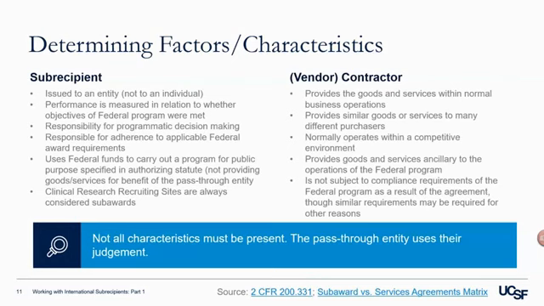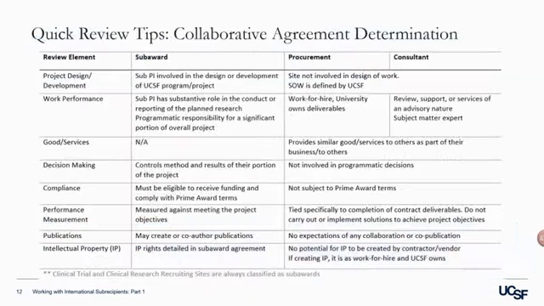So on the next slide, what we put together for you is a quick review. It's like quick review tips. So what we've done was take the review elements and then give you specific points that apply to a subaward, procurement, or consulting agreement.